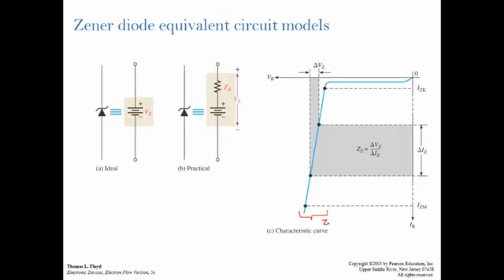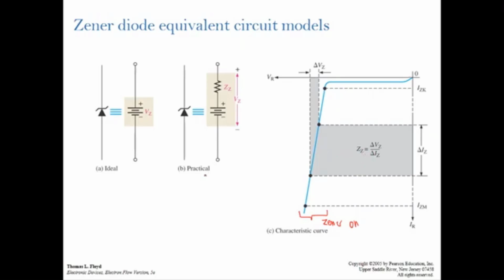If you see this current, the magnitude of current increases in a linear fashion, so we can get the average AC resistance, which is equal to ZZ. This is delta Vz over delta Iz.